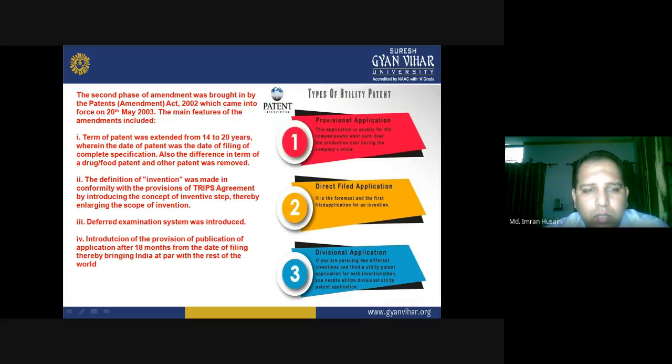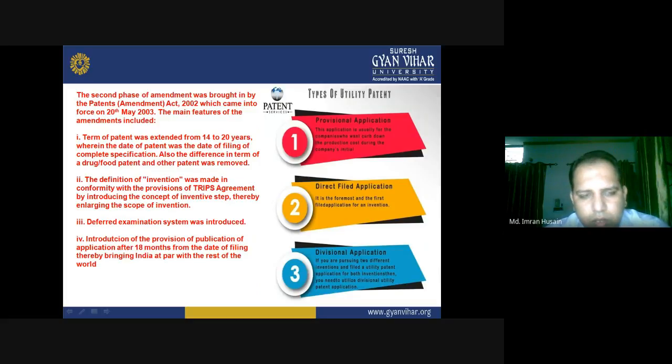So the definition of invention was made in conformity with provisions, and several agreements were made, introducing the concept of inventive steps, thereby enlarging the scope of invention. So it also broadens the term of invention, and now more and more people can very easily apply for the patents.